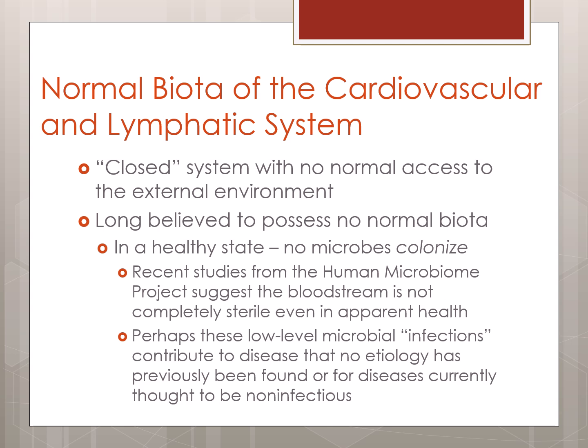So again, for the most part, the circulatory system, so cardiovascular and lymphatic system, should be a sterile environment because it is a closed system. However, there may be low levels of microbes, but for now, we're going to classify it as being mostly sterile.